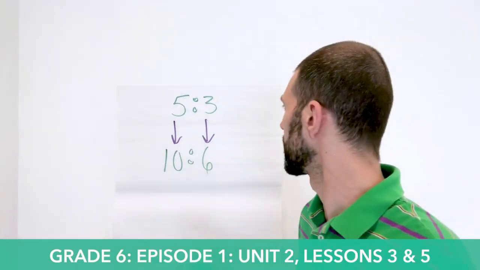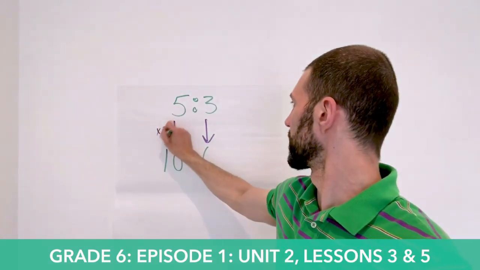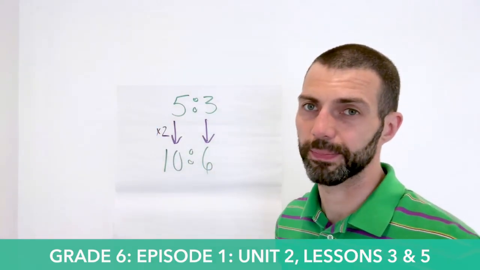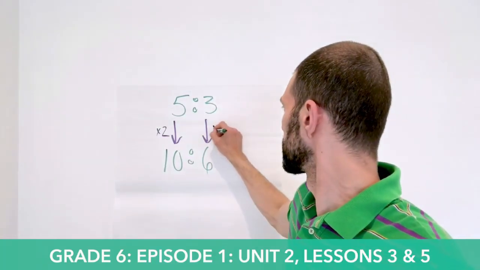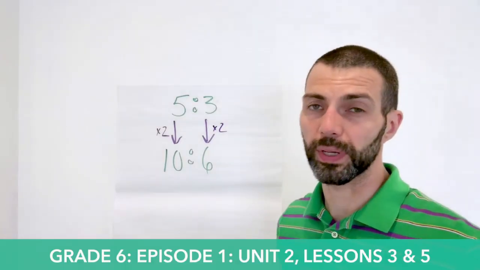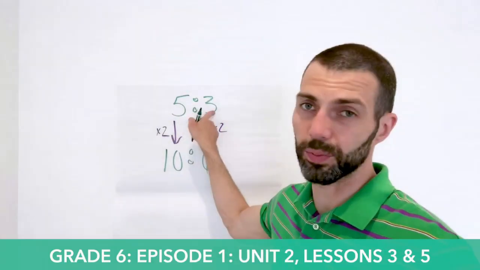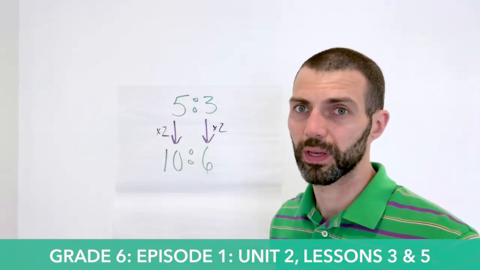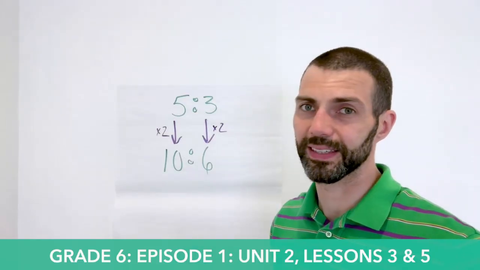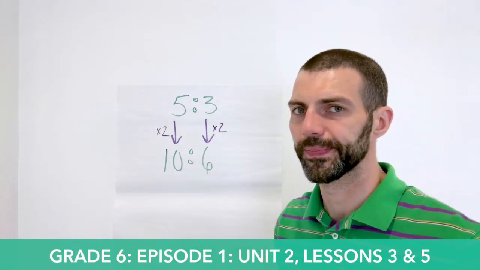So for example, if I take 5, I know that 5 times 2 gives me 10. And if I take 3, I know that 3 times 2 gives me 6. So because I multiplied this ratio by the same factor, which was 2, and ended up with 10 to 6, that means that these two ratios must be equivalent.